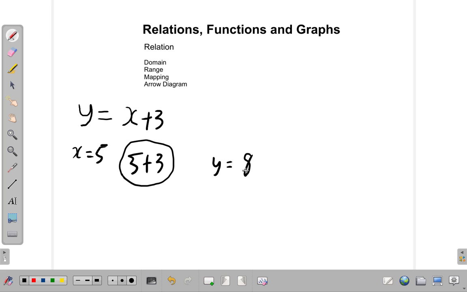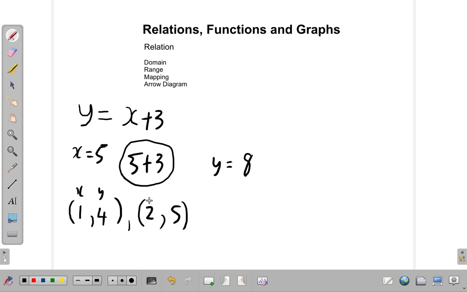Now, let's look at what is meant by this ordered pair. To represent the ordered pair, we have pairs of numbers in a bracket. Let's say we put in x as 1. What do we get out for y? We put a comma here. 1 plus 3 is 4. Then we have another pair, 2, 2 plus 3 is 5.